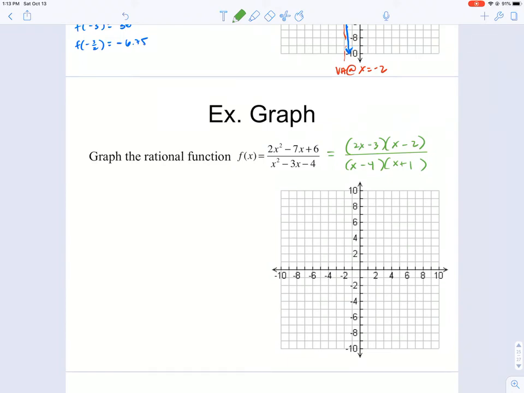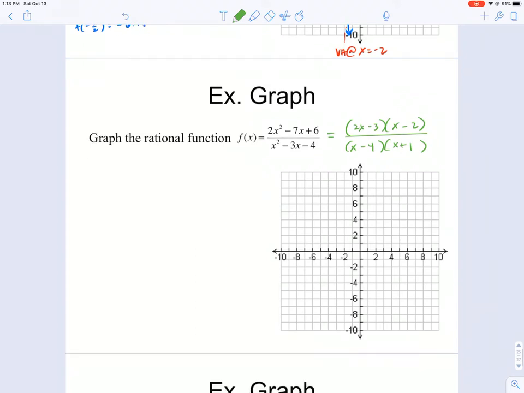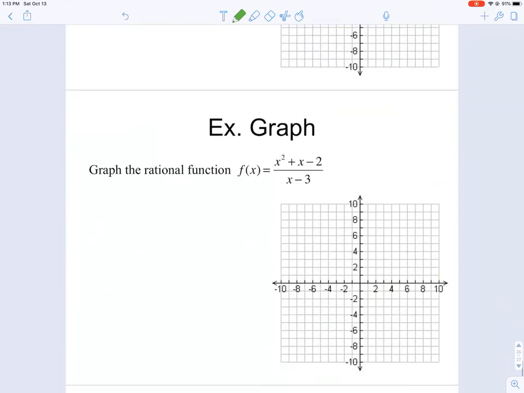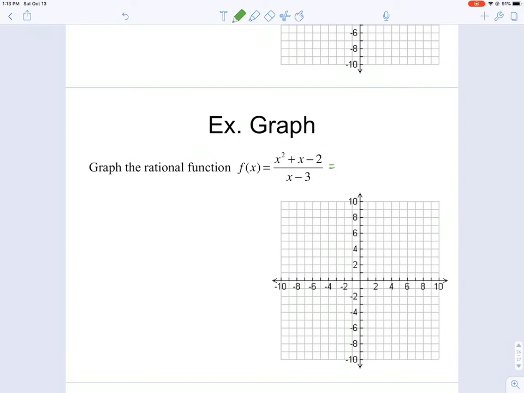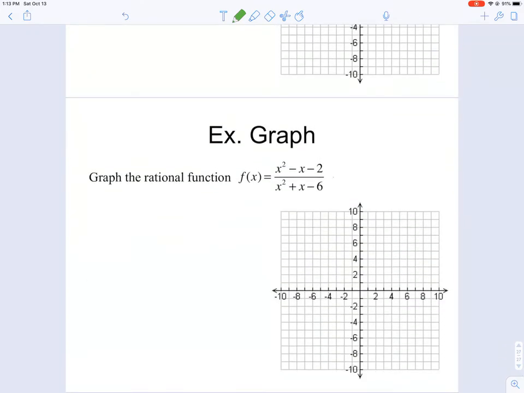So no common factors. Jeez Louise, we haven't had one. Let's find one with a common factor. Let's look at this one. Nope, this isn't going to either. There we go. Let's do this one.